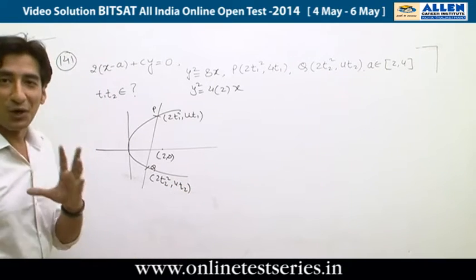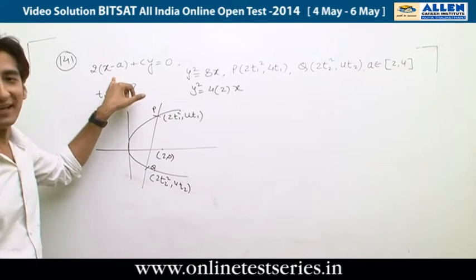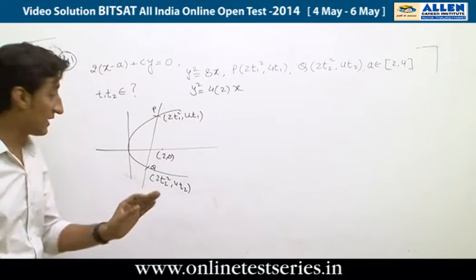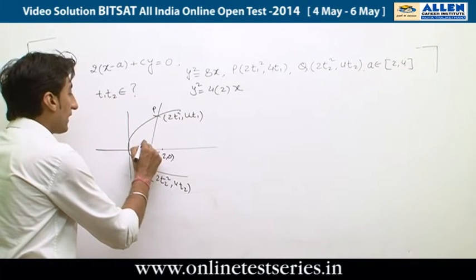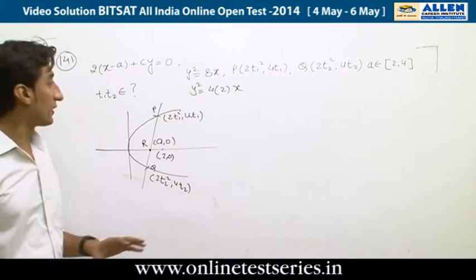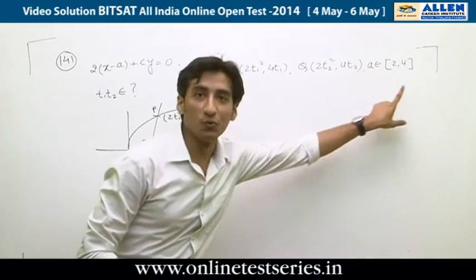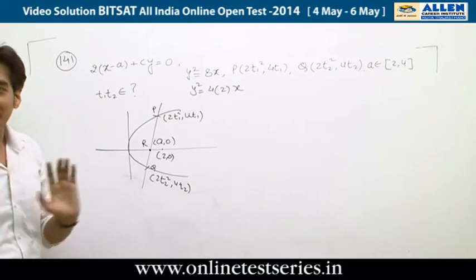Now if we carefully observe this particular line, it always passes through the point a, 0. That means this line cuts the x-axis at, let's suppose, a point R, which is a, 0. Now we need to find out that if a varies from 2 to 4, then what would be the interval of t1 into t2? Right.